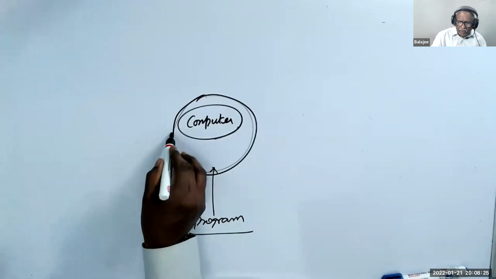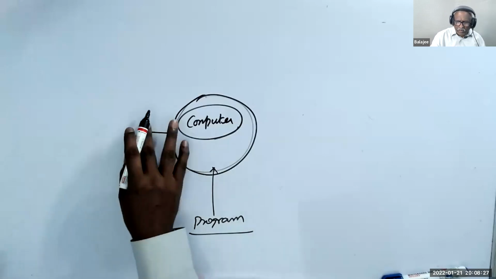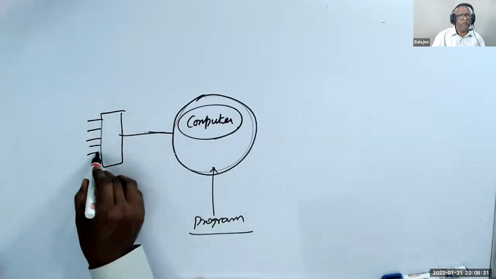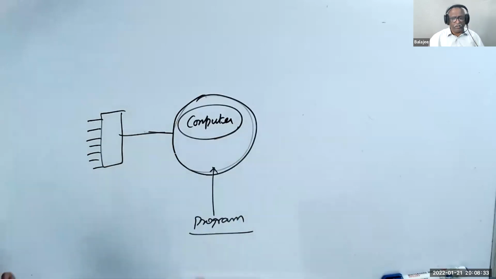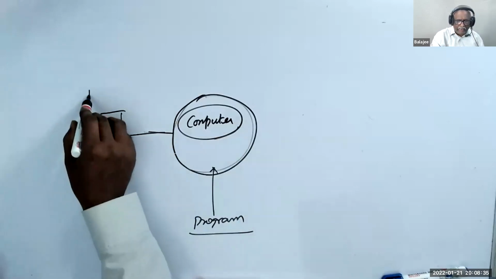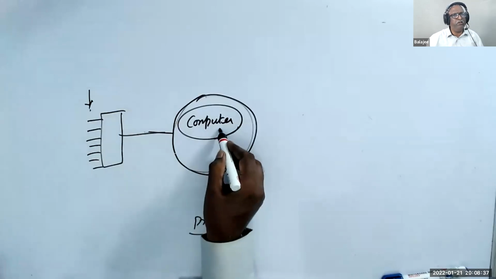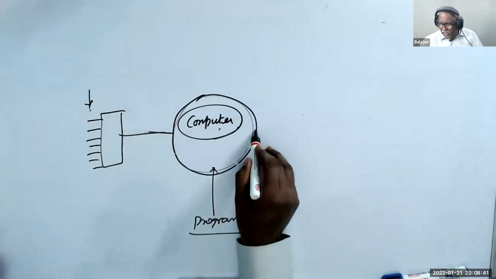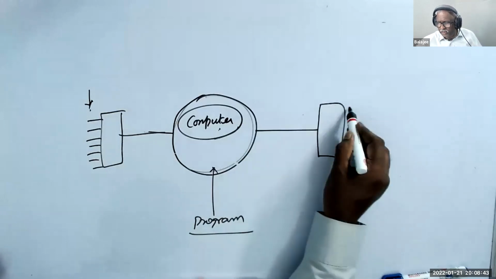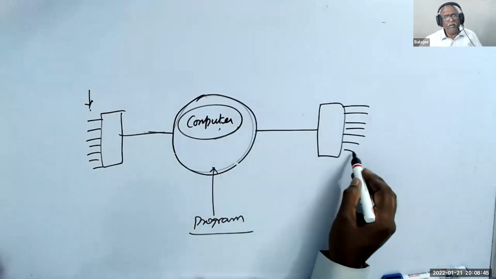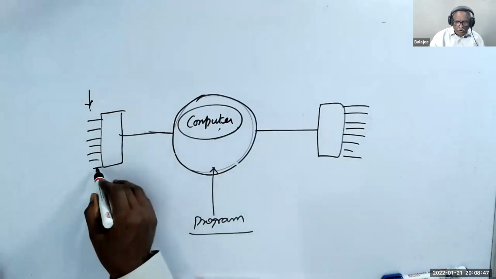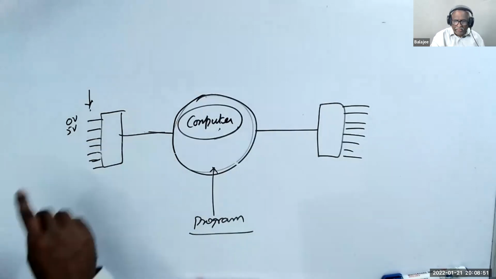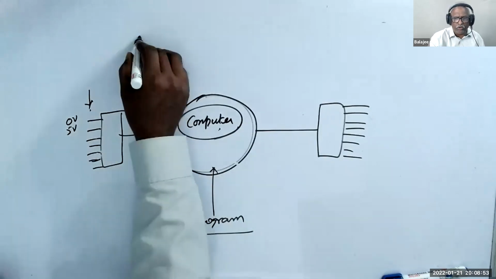Then I have an input pin. I read the input pin into my variable. That's the trick: a pin comes to my variable, so I can handle it in the program. Then I give it out to the pin. The pin can be either 0 volt or 5 volt. I read the pin; that is what I call input.